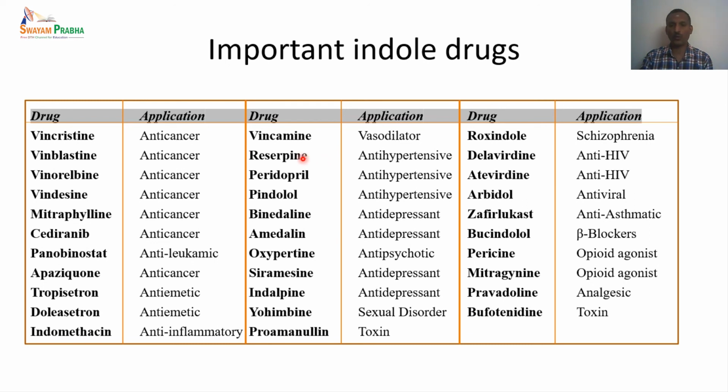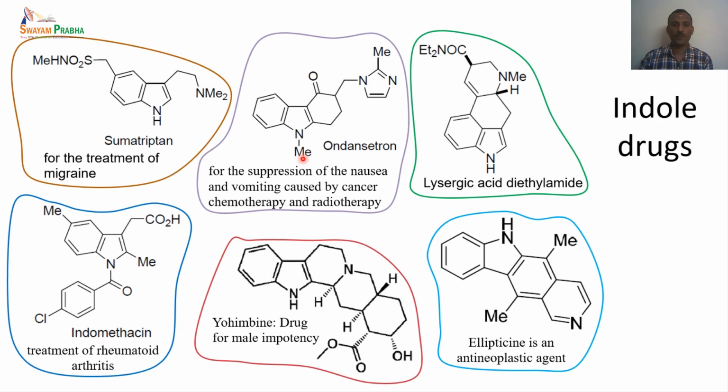Let us look at a few examples here. Sumatriptan is one compound, used for the treatment of migraine, which has the indole unit. Ondansetron is another compound, used for the suppression of nausea and vomiting caused by cancer chemotherapy and radiotherapy. Lysergic acid diethylamide is also another drug.